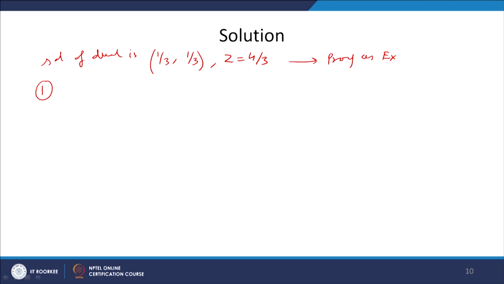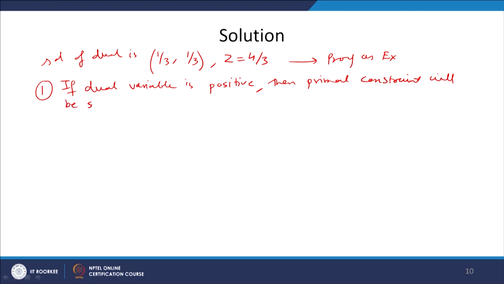Number 1, if the dual variable is positive, then the primal constraint will be satisfied as an equality at the optimum.